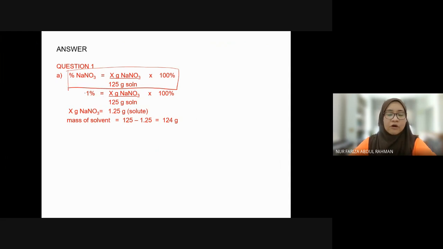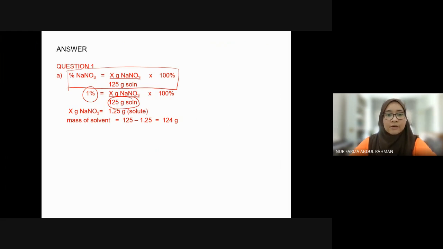Percent by mass is equal to X gram of sodium nitrate over 125 gram of solution, times 100. This is the formula of percent by mass. We have the percent just now, 1%, but this time around we are looking for the mass of solute for 125 gram of solution.